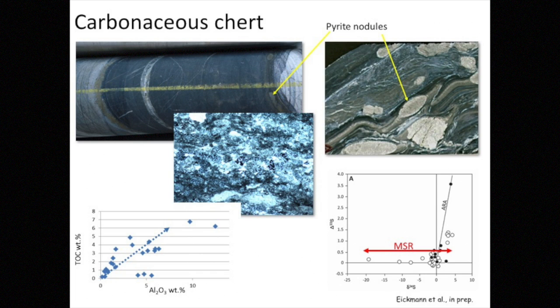Another not very common sedimentary facies is a carbonaceous chert, which forms these 10 to 20 centimeter thick units. These cherts are quite rich in organic carbon. Sometimes you reach total organic carbon contents of 7 to 8%.